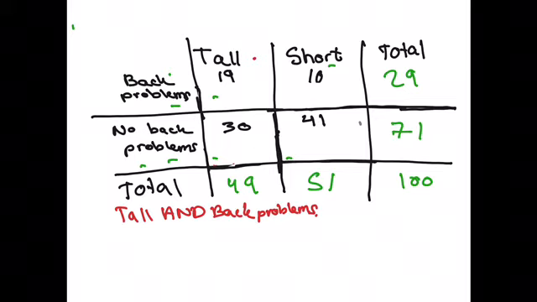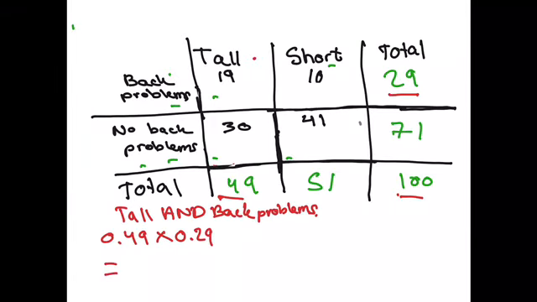There are 49 out of 100 people who are tall, so the chance of being tall would be 49%. And because it's "and," we multiply that by the chance of having back problems: 29 out of 100 people, so a 29% chance.